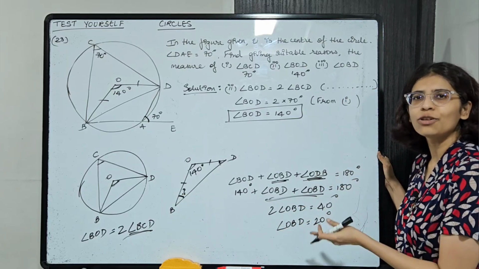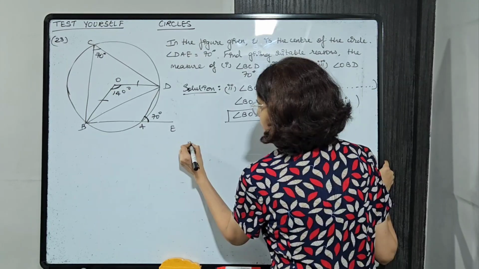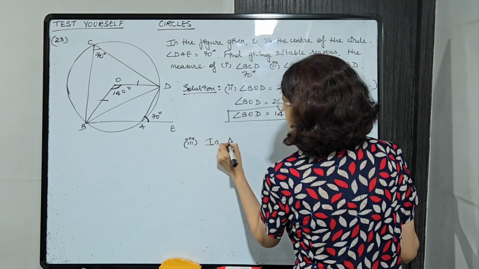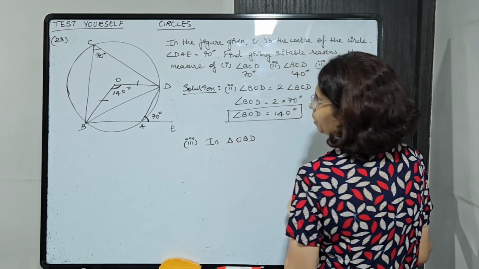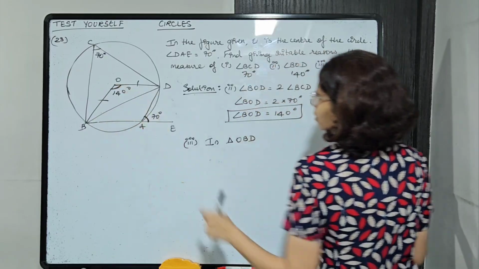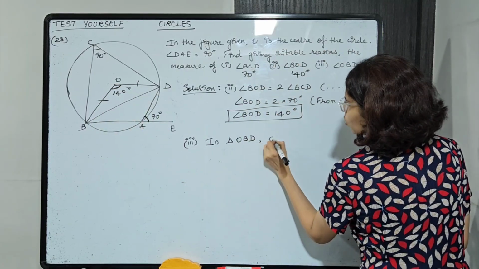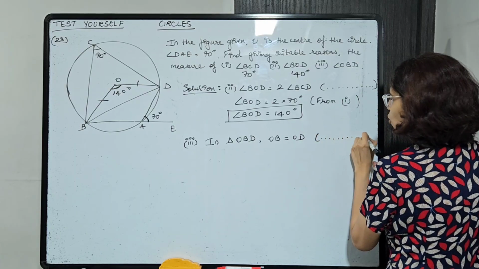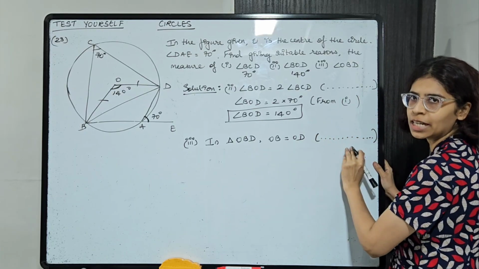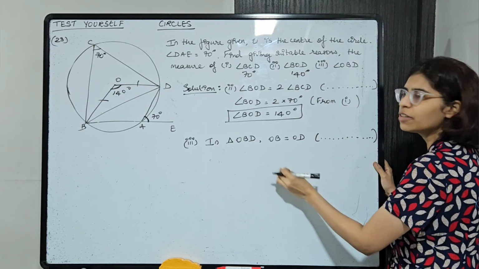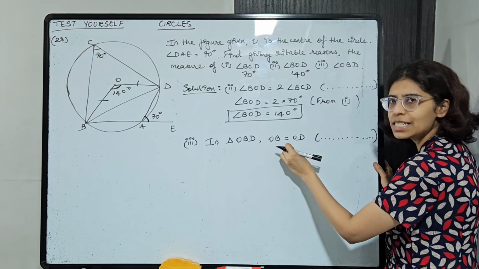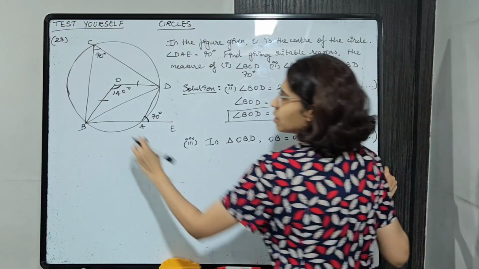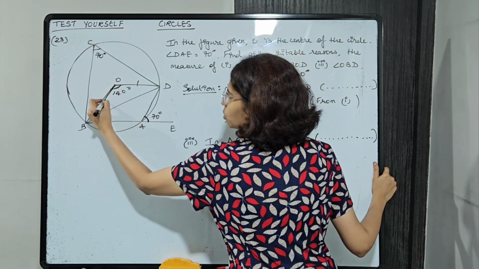Alright, so let us solve now with proper steps. In triangle OBD, in this triangle, we have OB equal to OD. Both radii of same circle. Reason लिखो, both radii of same circle. So therefore angles opposite to these equal sides will be equal. OB का opposite angle कौन सा है? ये triangle consider करो, this triangle.